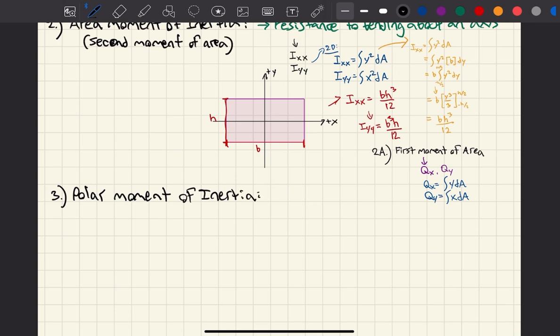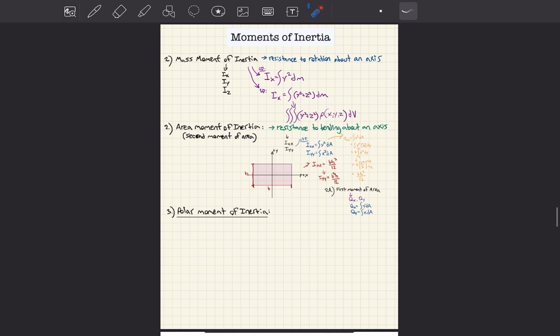Okay, what does this one represent? Well, the first, the mass moment of inertia, represented a resistance to rotation about an axis. The area moment of inertia represented a resistance to bending about an axis.